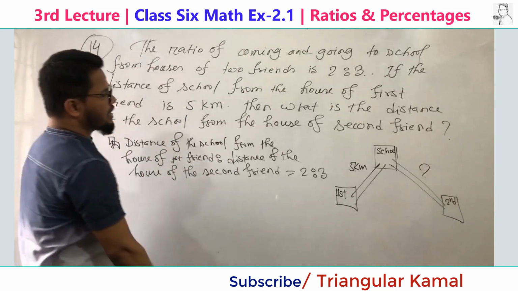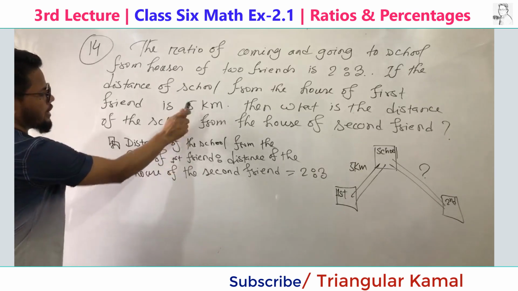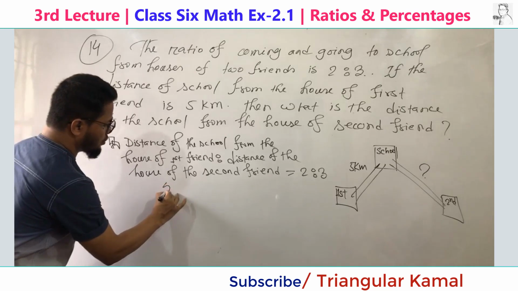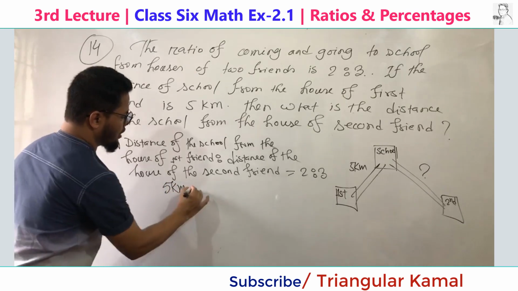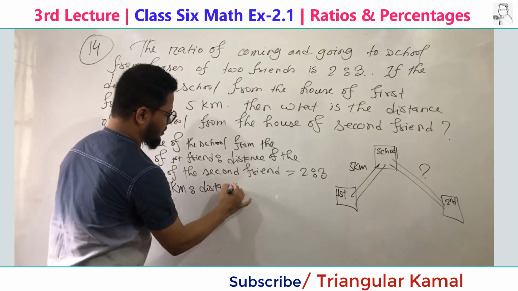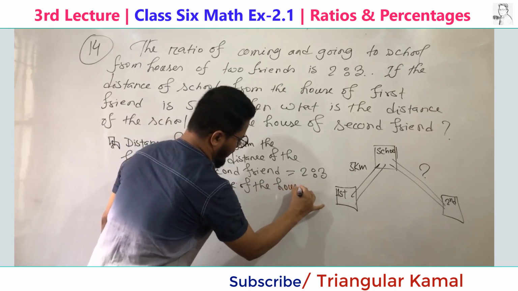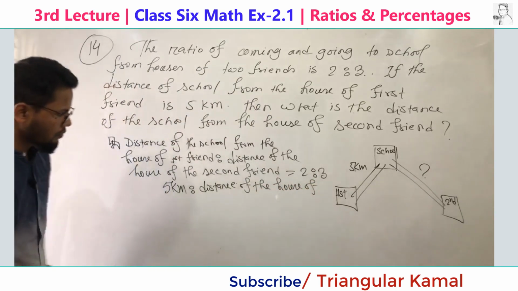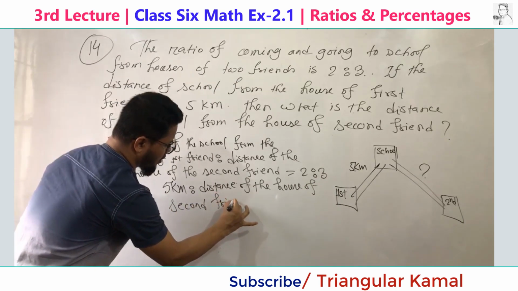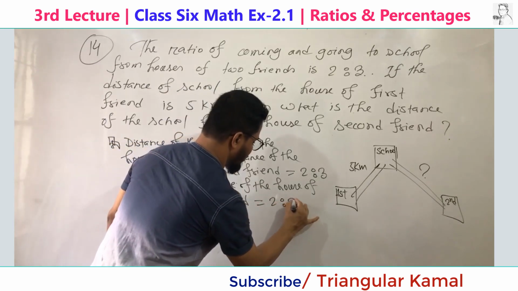And this information is given in our data. The distance of the first friend is 5 kilometers. So we can write here 5 kilometer, ratio distance of the house of second friend, equal 2:3.